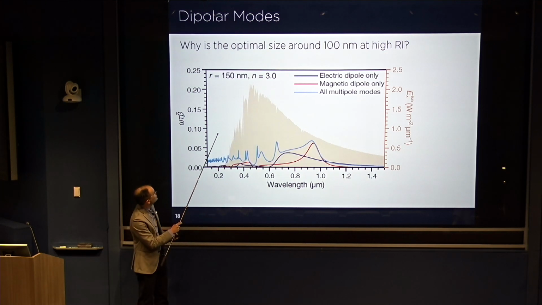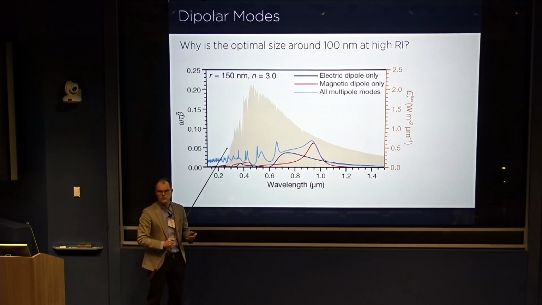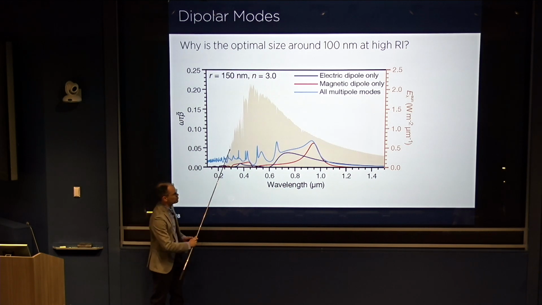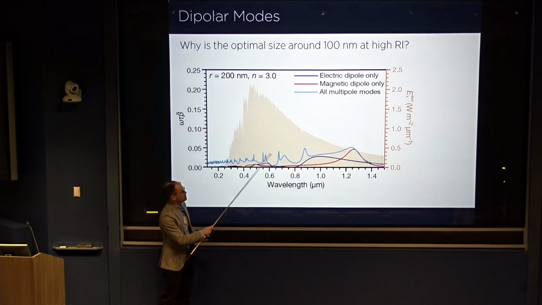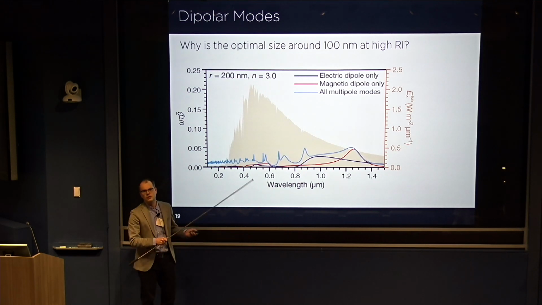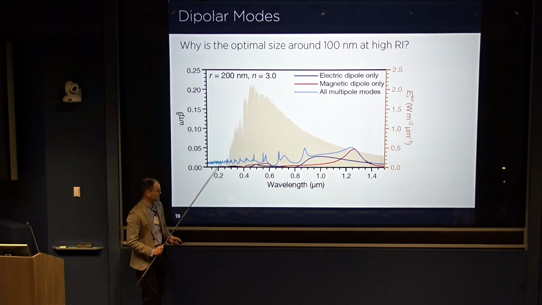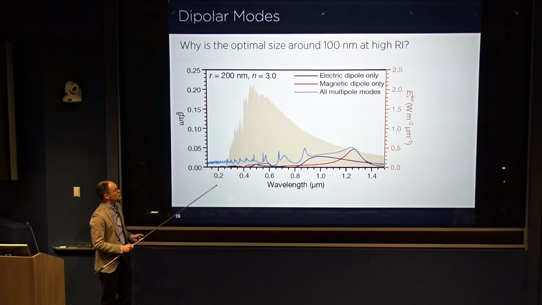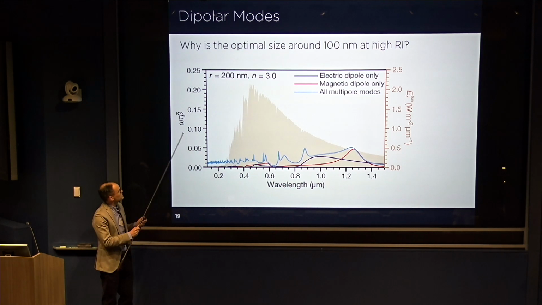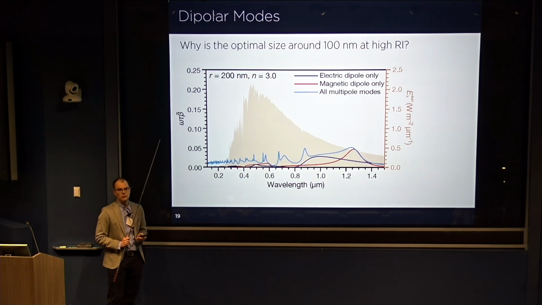As the size continues to increase, those dipolar modes, which are actually the best for the upscatter fraction, shift out of the visible and continue to shift into the near infrared. So there's just not as much intensity there. The higher order multipoles don't scatter as efficiently, and the upscatter fraction isn't as efficient. So that's the reason why this optimal size comes out to be around 100 nanometers.